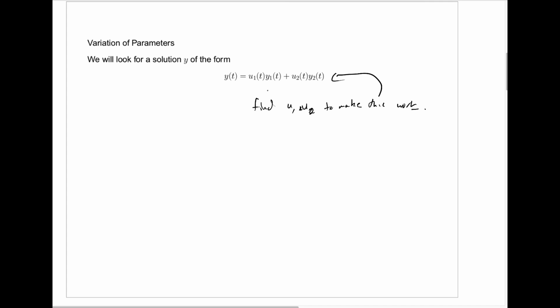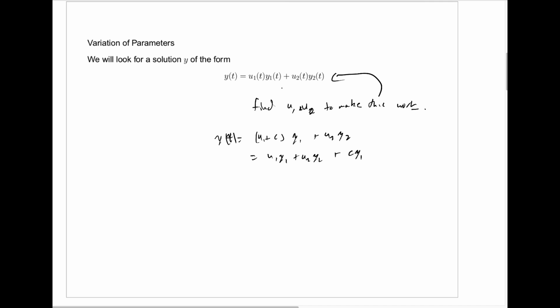Another thing to notice is that I only care about finding u1 and u2 each up to an additive constant, because if I replace u1 by u1 plus some constant c, in other words, let y of t be u1 plus c times y1 plus u2 y2, that's just the same as u1 y1 plus u2 y2 plus c y1.